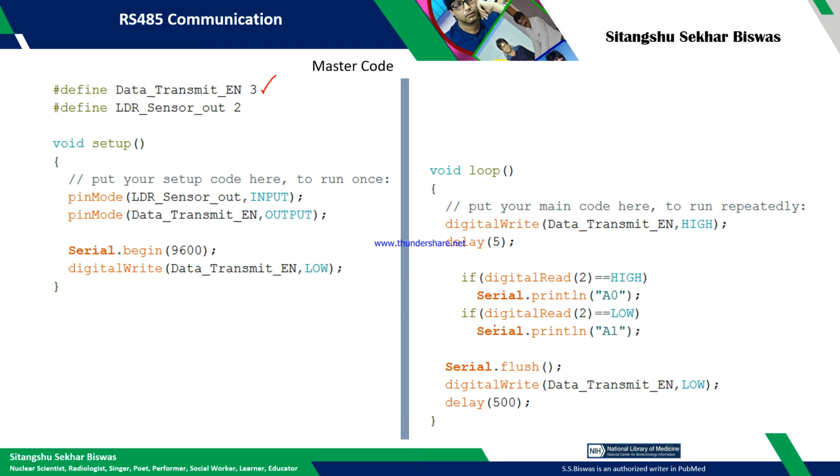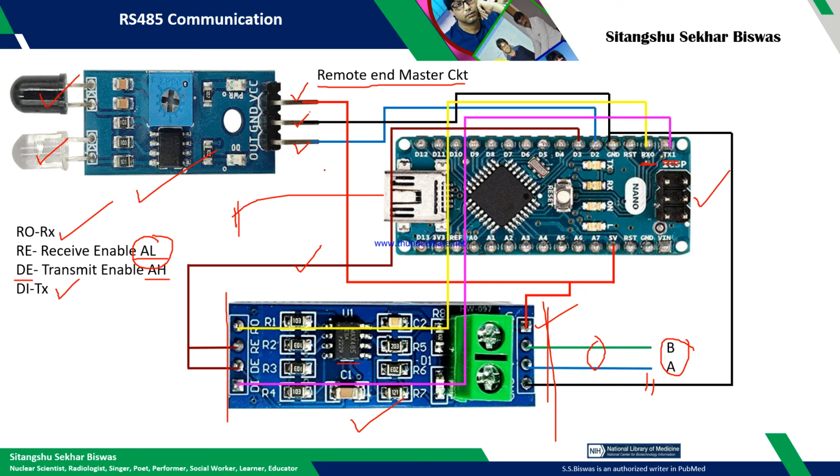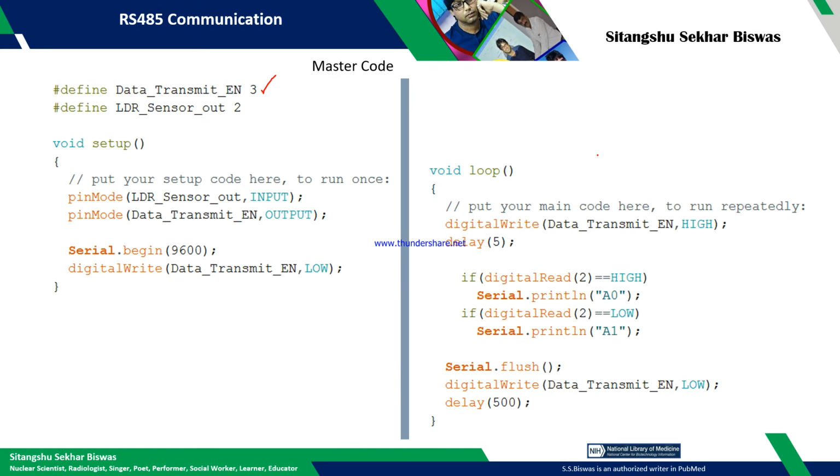And if you see the drawing, the sensor output is connected to D2, so that's why the IR sensor output is at pin 2. And I am defining the pin mode, so the LDR sensor out is taken as an input of the microcontroller, so that's why it is defined as input.